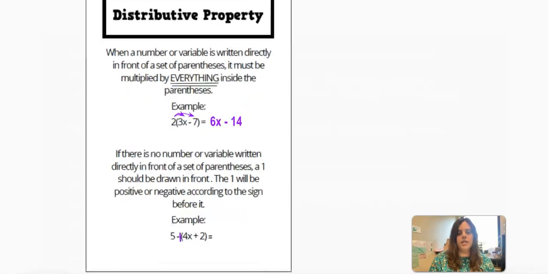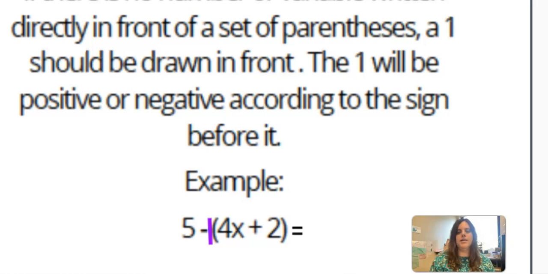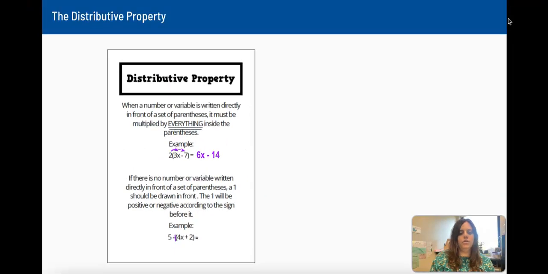So zooming in here, we can see that I've added a 1 in front of my parentheses. That 1 is negative because there's a minus in front of it. So I take that negative 1, and I'm going to distribute it throughout my problem.